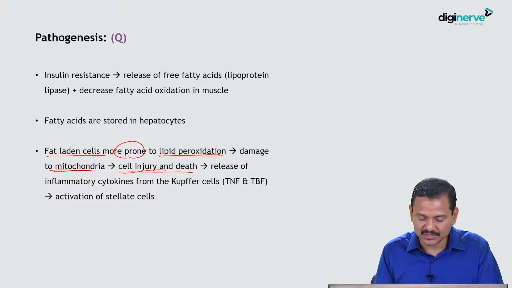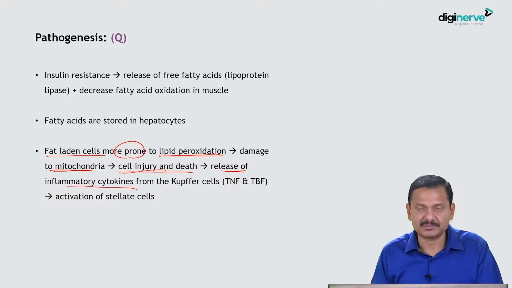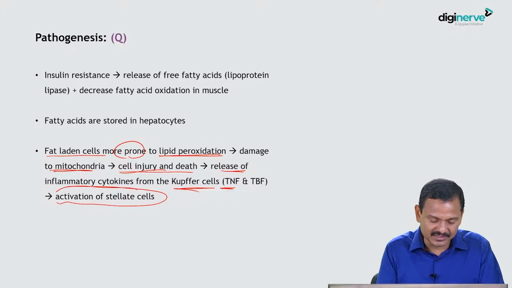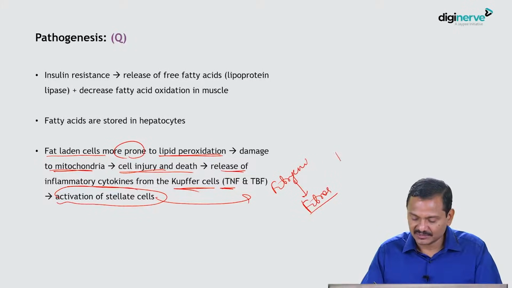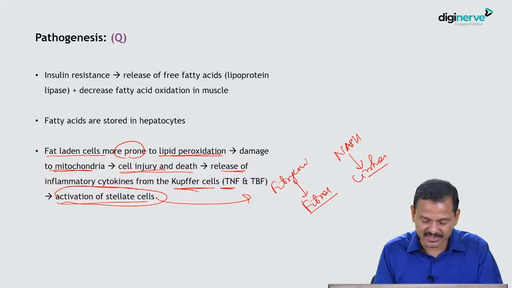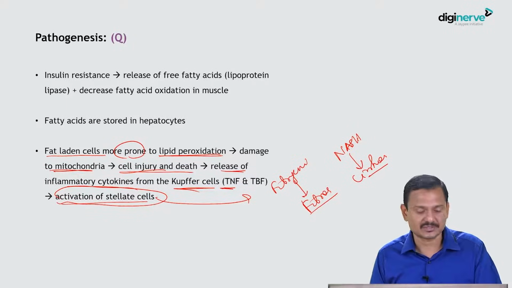Once there is cell injury, there will be release of inflammatory cytokines from the Kupffer cells, that is TNF alpha, and then that will activate the stellate cells. The stellate cells are fibrogenic, so they will lead to fibrosis. Once there is activation of the stellate cells, NASH can progress to cirrhosis.